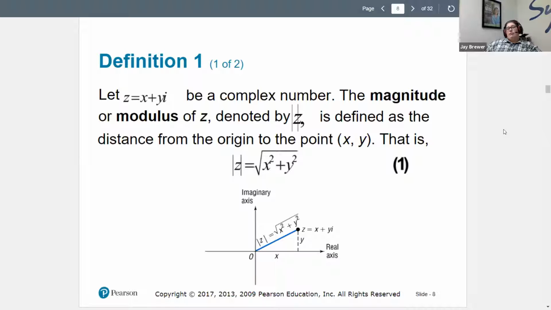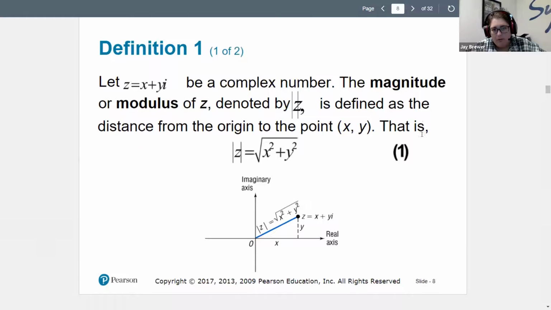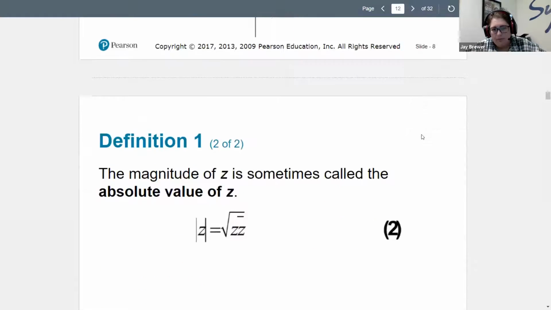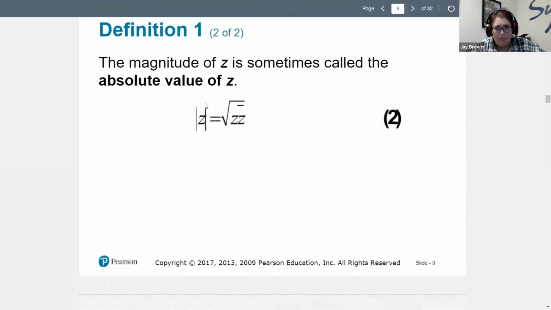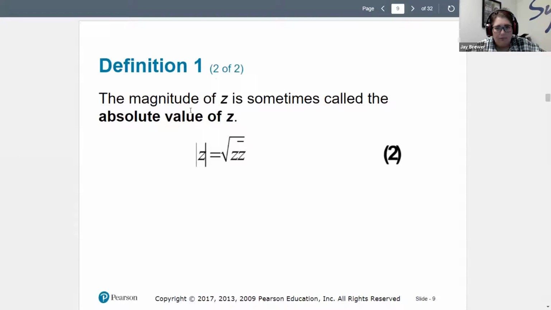So the absolute value of z is equal to the square root of x squared plus y squared. So I wonder if that technically means that z can kind of be related to r as well. Probably not, though. All right, the magnitude of z is sometimes called the absolute value of z.